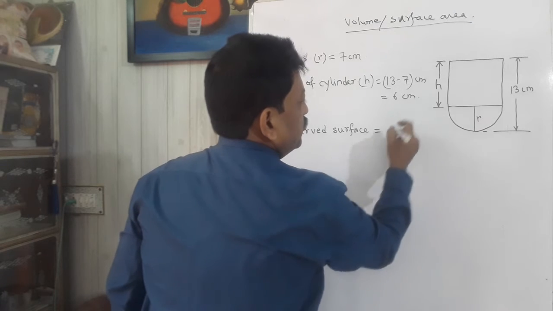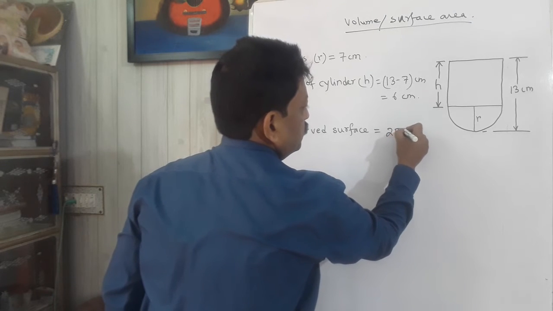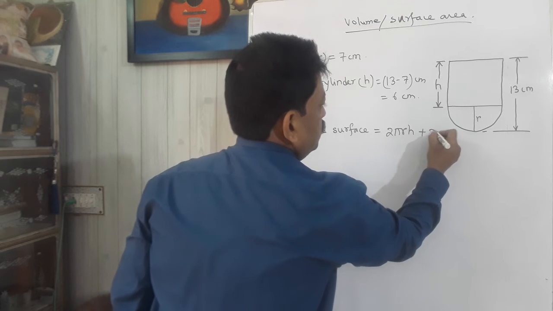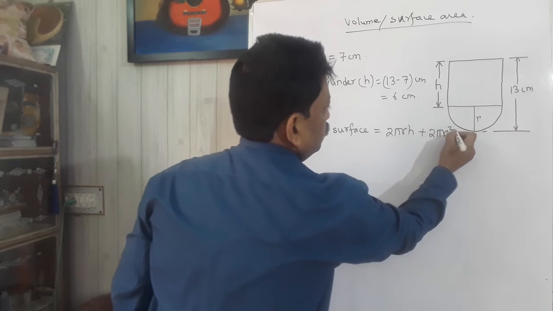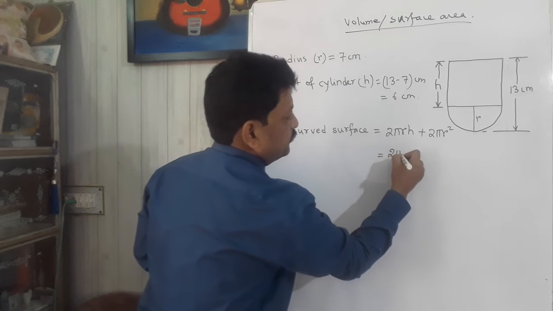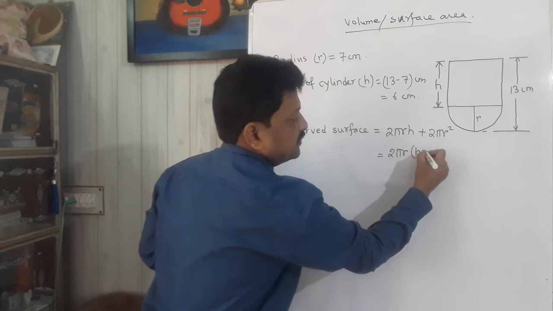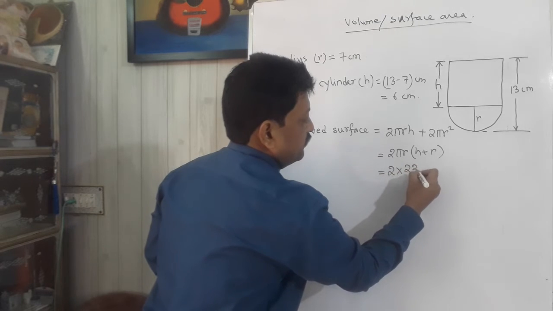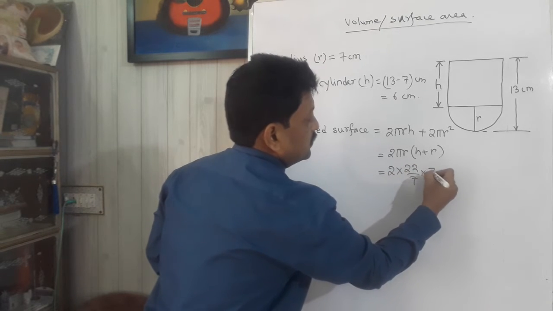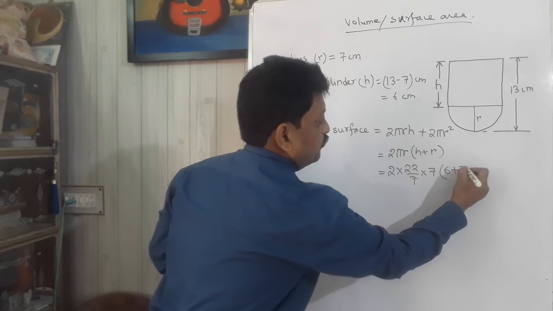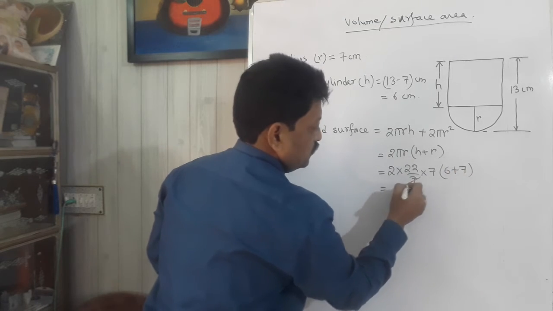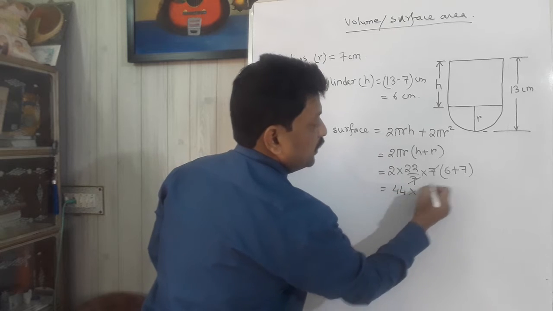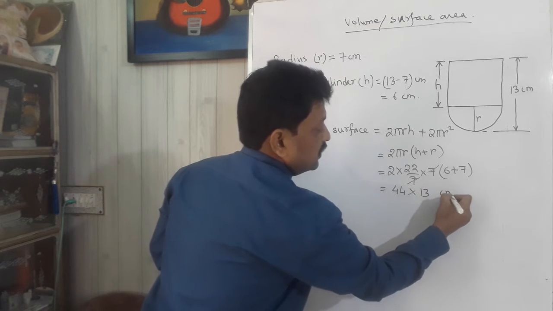The curved surface area of cylinder is 2 pi RH and curved surface area of the hemisphere is 2 pi r square. We can take 2 pi r common, it will be h plus r. Now 2 multiplied with 22 by 7, r is 7, h is 6 plus 7. So this 7 will be cancelled. 44 multiplied with 13. These are centimeter square.